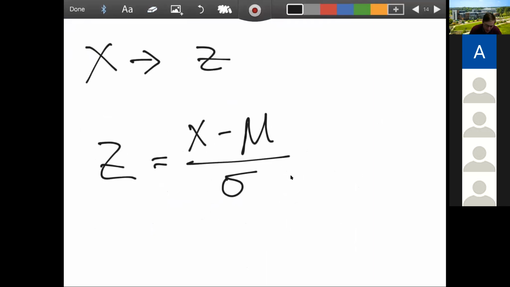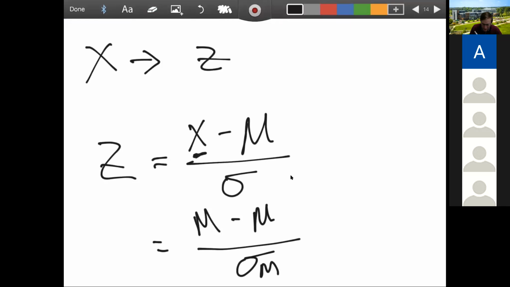Now, if instead of a single person you have a sample of people, this equation becomes the mean of that sample minus the population mean, over the standard error of the mean.